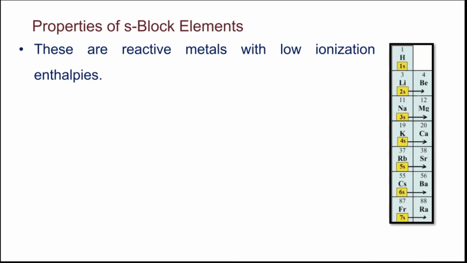So here, ionization enthalpy means the amount of energy required to release an electron. First group and second group elements have a tendency to release electrons very fast, isn't it? So they have low ionization energies, or enthalpy, both are the same.